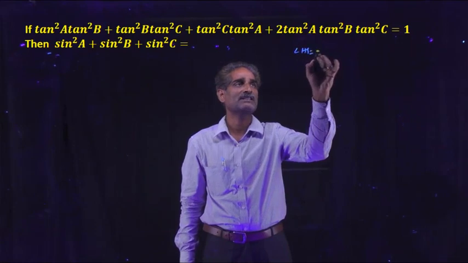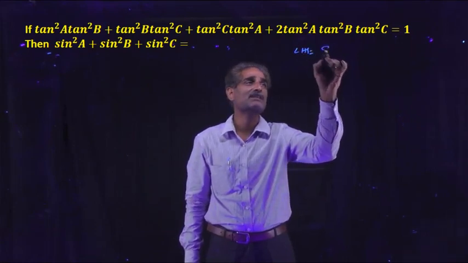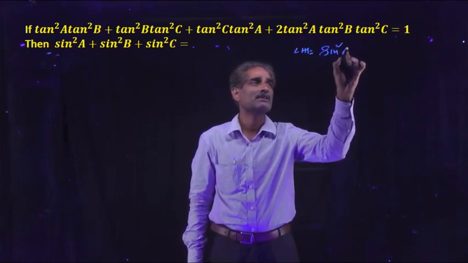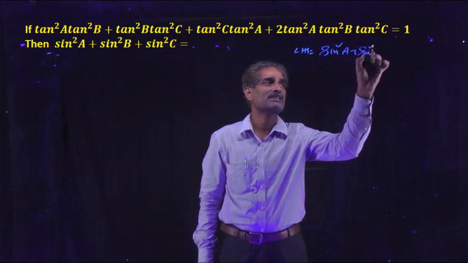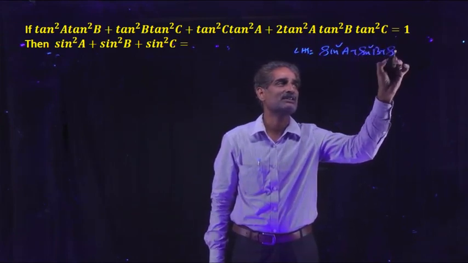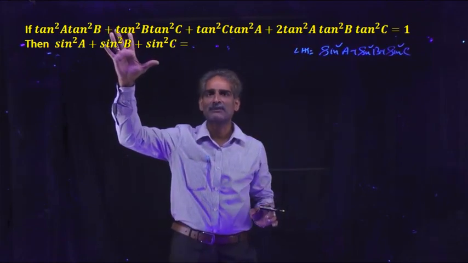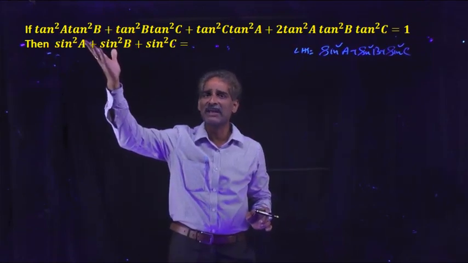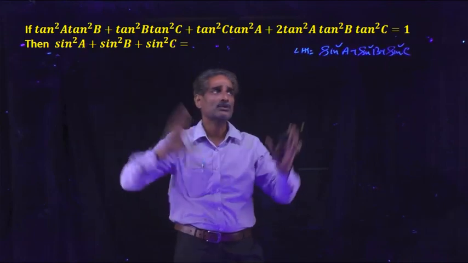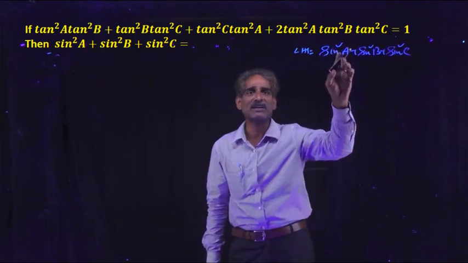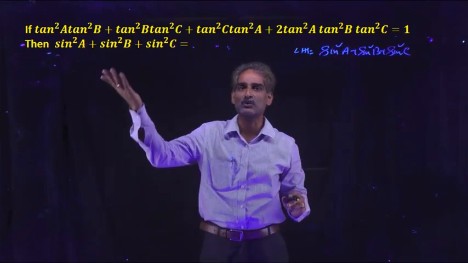The required one is sin square A plus sin square B plus sin square C. You have to find this value with the help of the given expression. If the given expression is in terms of tan, you have to convert these functions in terms of tan. There is a chance to use that.